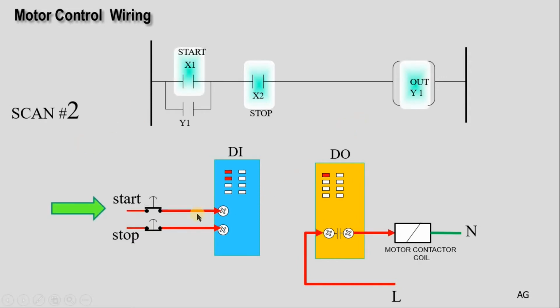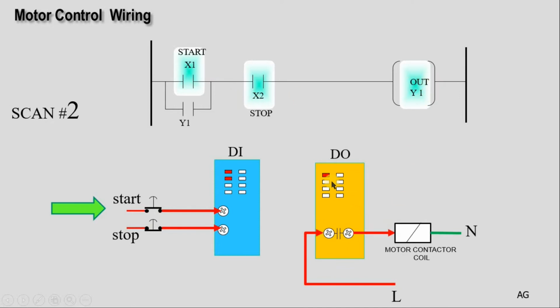Now in the second scan, the PLC found that you have already pressed the start push button, meaning the power goes flowing through the first channel. That means X1 is true in this case. So when the PLC scans and executes the rung, it finds this one true, and this one true, so Y1 will be true.